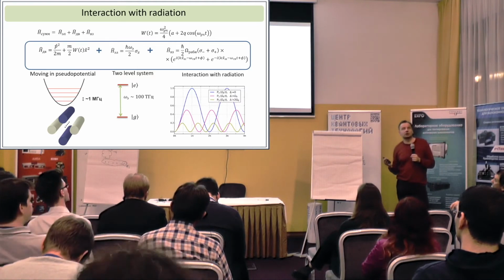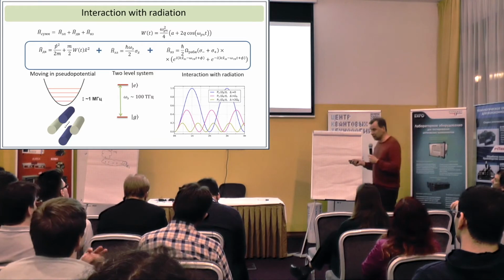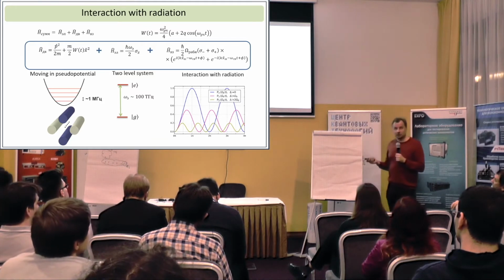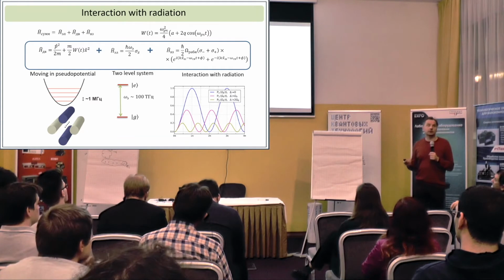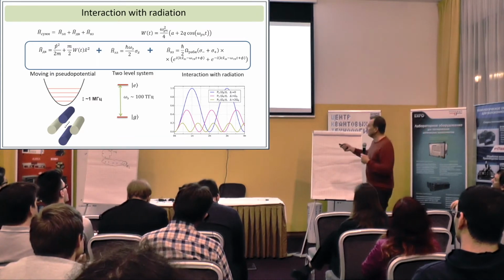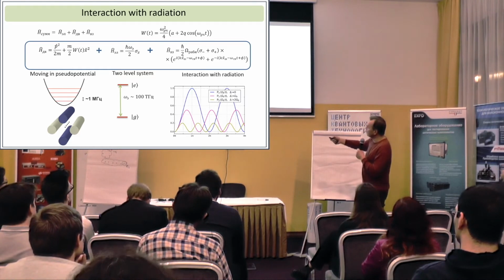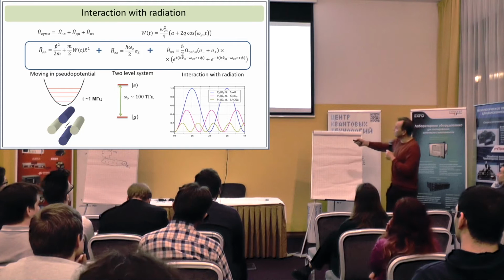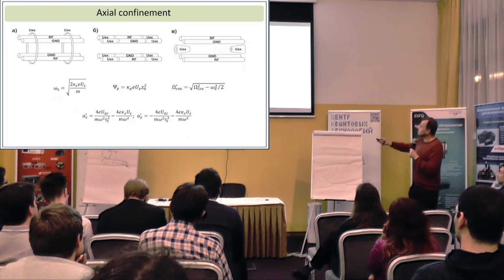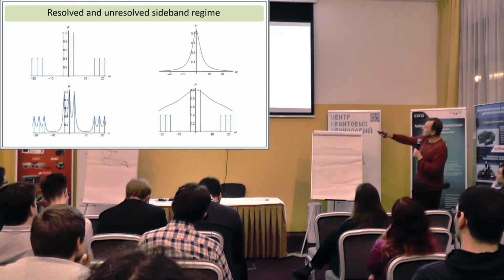They are like 10 megahertz, 30 megahertz, 50 megahertz, which is not very narrow. So in rubidium, for example, the resonance transition is 6 megahertz. So here it's typically broader. The separation between vibrational levels in our potential is about 1 megahertz.